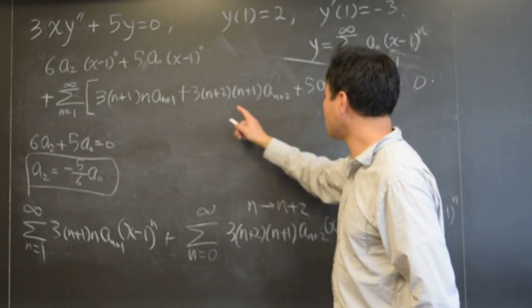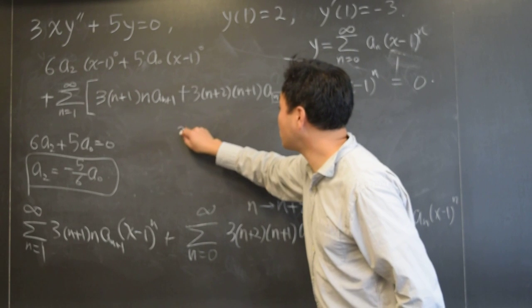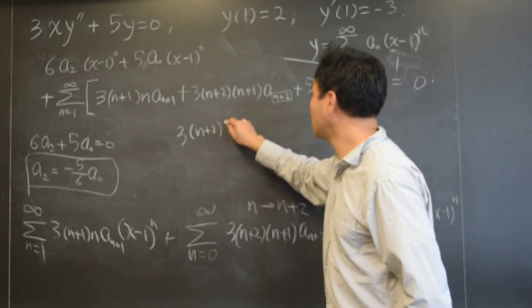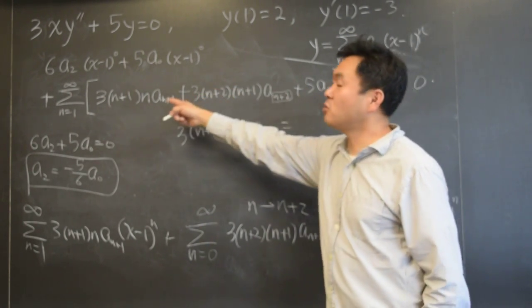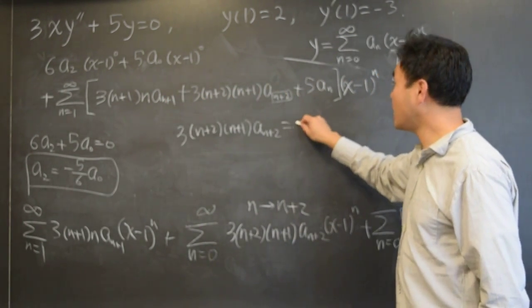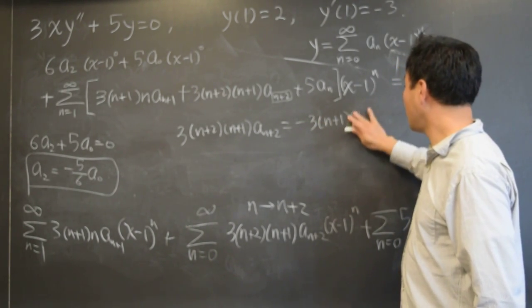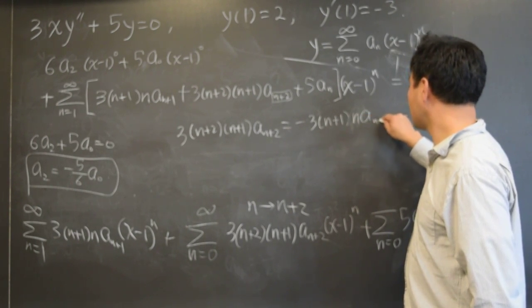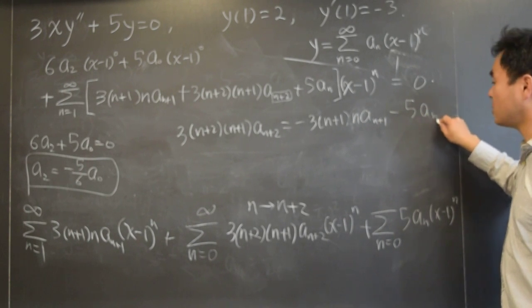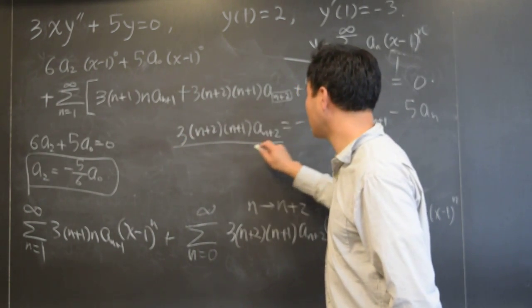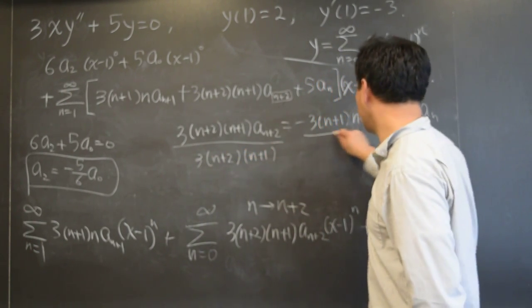So you should solve this for the highest order term. So 3 n plus 2 times n plus 1 times a n plus 2 is, if you move this to the other side, negative 3 n plus 1 times n a n plus 1 minus 5 a n, and then dividing everything by 3 n plus 2 times n plus 1 on both sides.